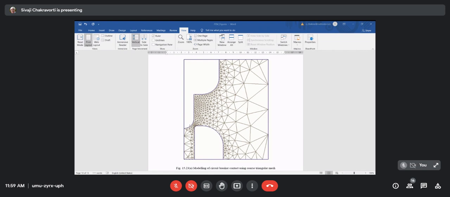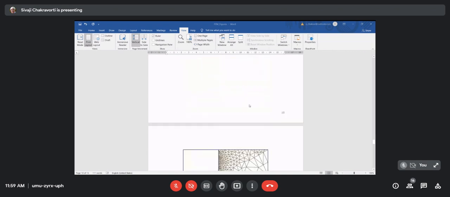So they have used very fine meshes. Otherwise, near the boundaries, they have also used finer meshes. But as we move away from the electrodes, it has used very large meshes. This is the typical compromise so that we don't get a very large number of mesh elements.